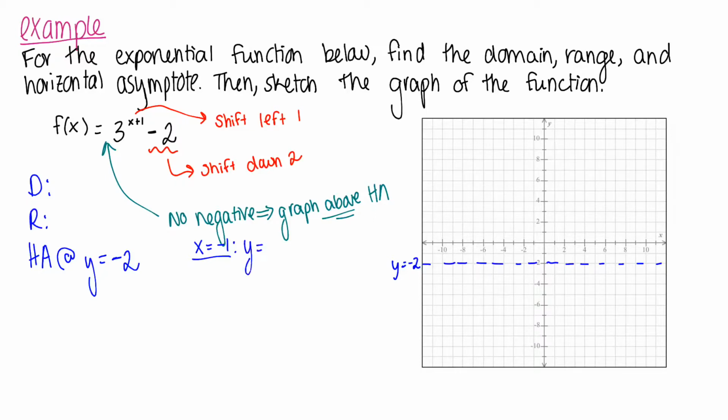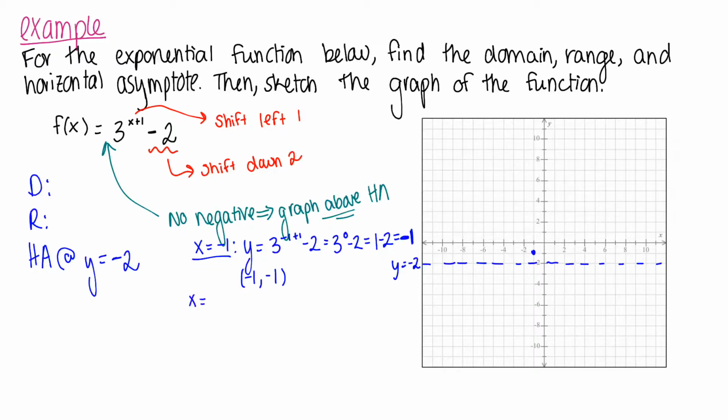In this case, you'd have y equals 3 to the -1 plus 1, minus 2. So 3 to the 0 minus 2, which is, running out of space, 1 minus 2, which is -1. So this is the point -1, -1. That's right here.